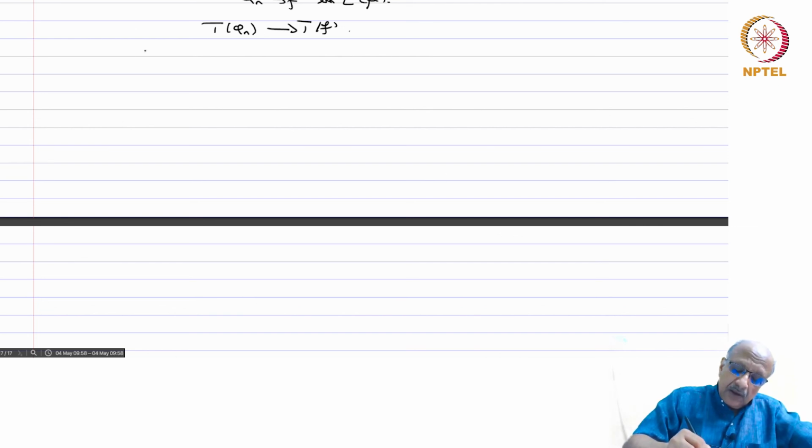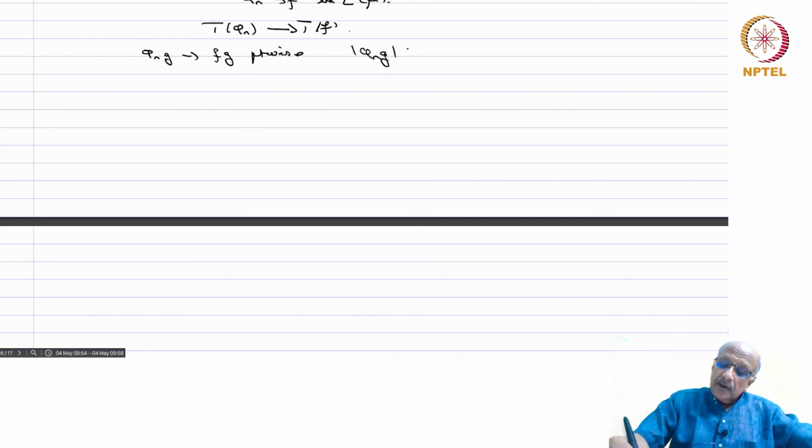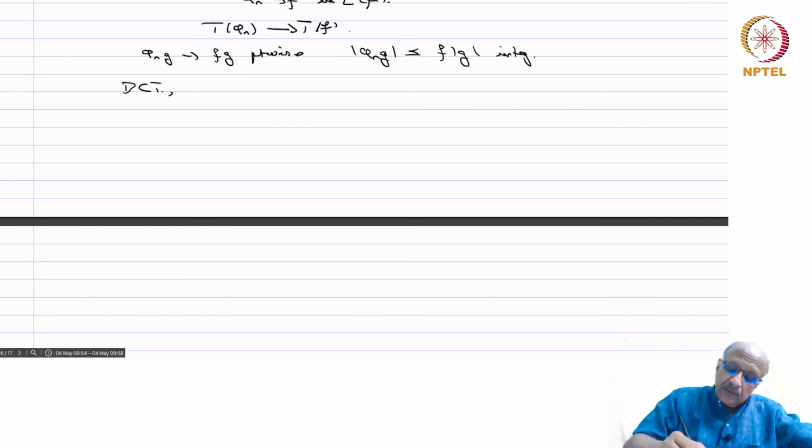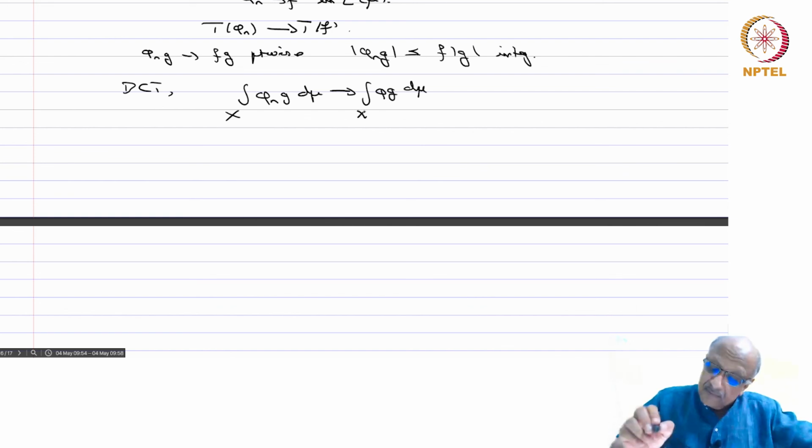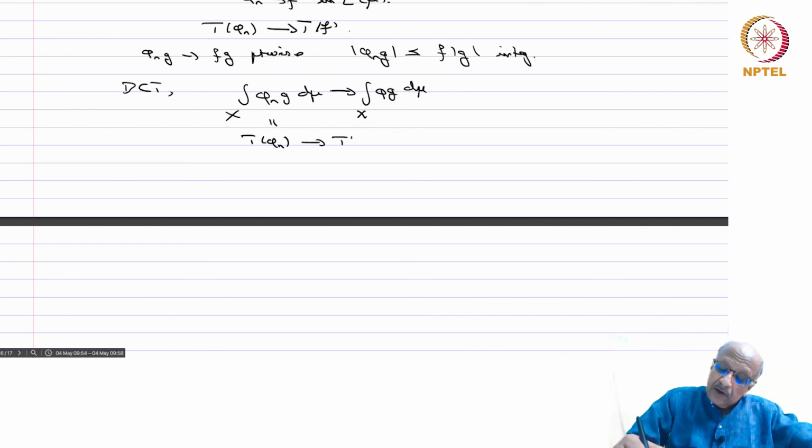So phi n g converges to fg pointwise. Mod phi n g is less than or equal to f mod g, which is integrable. Therefore, by the dominated convergence theorem, we have the integral of phi n g over X d mu converges to the integral of f g d mu over X. And this is nothing but T of phi n, which converges to T of f.